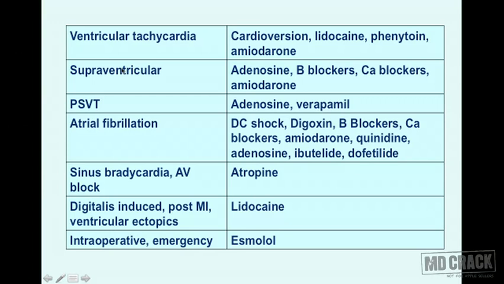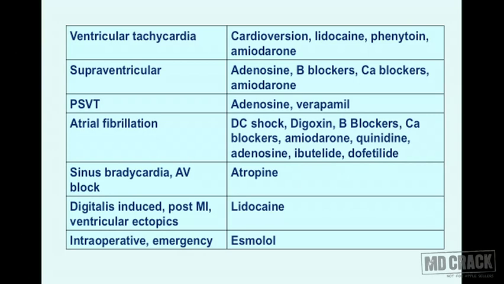Next, supraventricular tachycardias, that's above the ventricle. And as soon as you say supraventricular tachycardia, it is going to be PSVT, or atrial flutter, atrial fibrillation, paroxysmal atrial tachycardia. And I told you about two agents which are best for supraventricular, and I also said never use for ventricular. Do you remember?